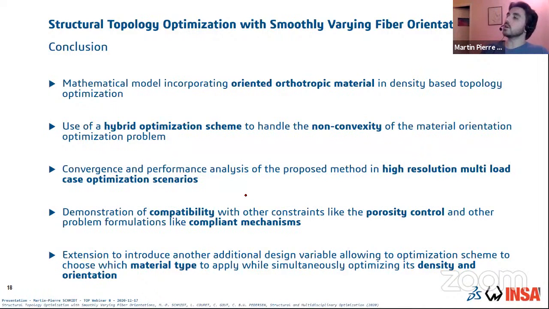Then we've shown that it does work on multiple load case scenarios and also with additional constraints, like, for example, the porosity constraint. I did not show the compliant mechanism one, but maybe I can if we have the time. And then we've quickly extended this approach to have another design variable that basically allows us to delegate the choice of using isotropic or orthotropic materials in the optimization.